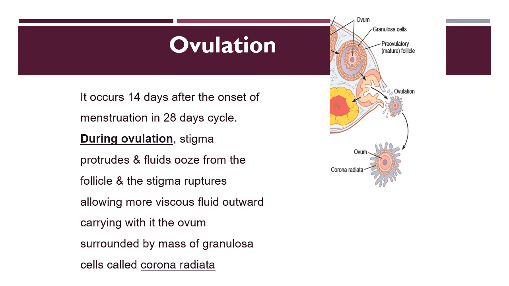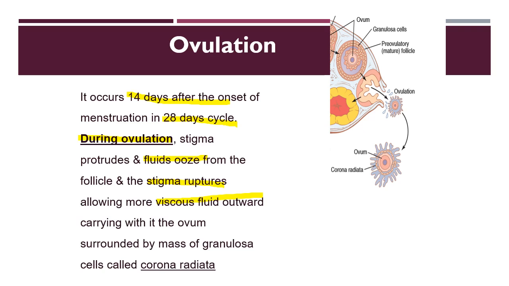So the ovulation process takes place 14 days after the onset of menstruation if the female sexual cycle is 28 days. As we mentioned, during ovulation, the stigma will protrude further, and then fluids will go outside from the follicle, and this will cause rupture of the stigma, releasing viscous fluid.